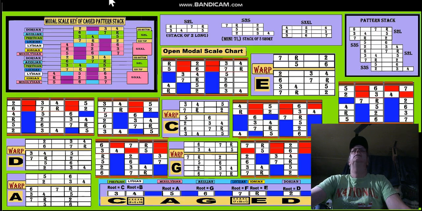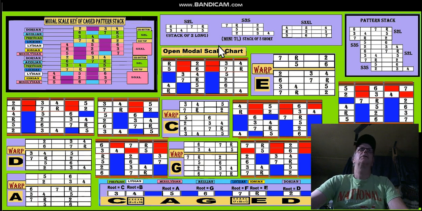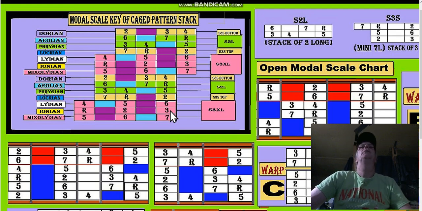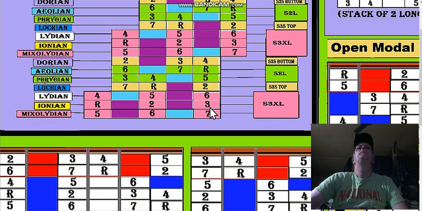All right, now back to this diagram. So these are the elements of that 7L that we were just looking at. They're the building blocks. Okay, now this right here, the stack of 3 long, extra long, is here. I colored it. Now that's not these colors, but it probably is of similar origin.